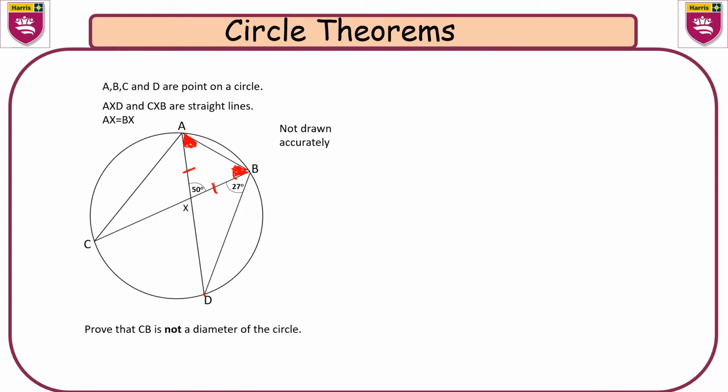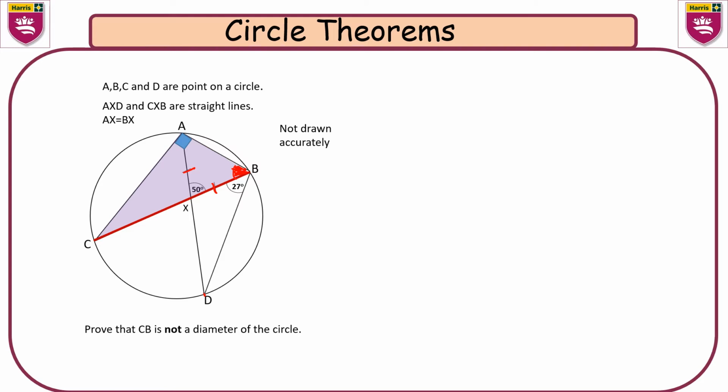Now the question is asking us to prove that CB is not a diameter of the circle. If C to B was the diameter of the circle, then that would indicate that angle CAB is 90 degrees.